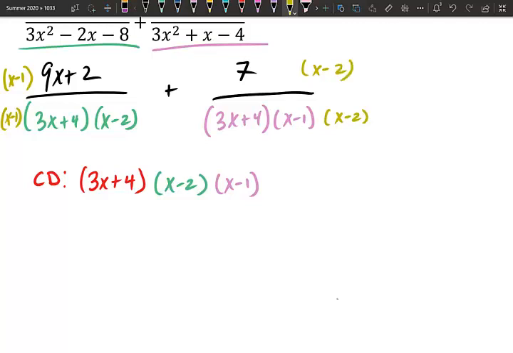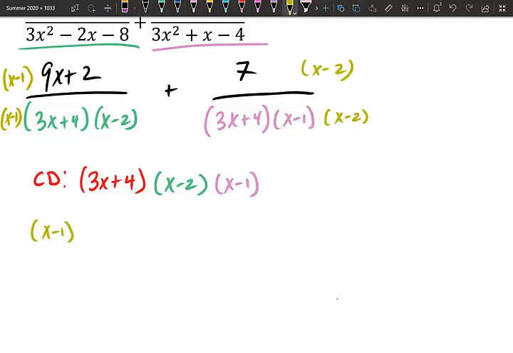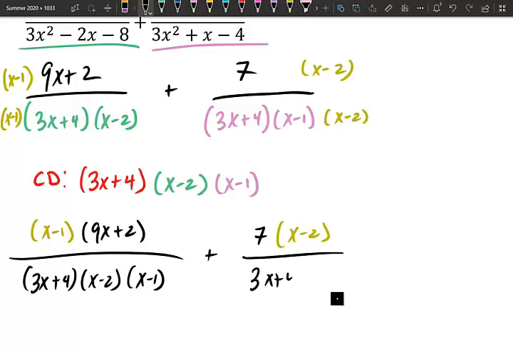So let's write what we have now. On top of our first one, we have x minus 1 times 9x plus 2, and that's over our denominator. That's plus 7 times x minus 2 over our denominator.